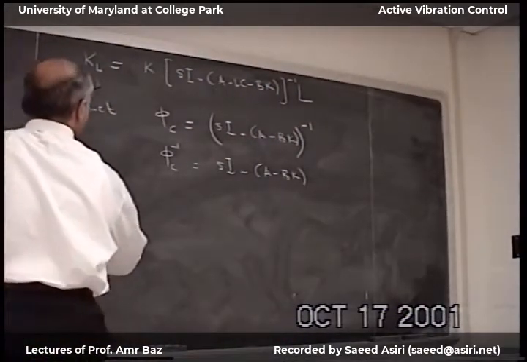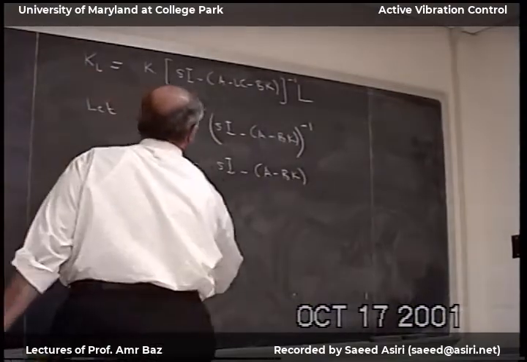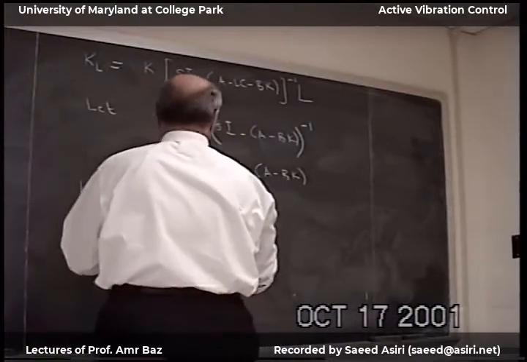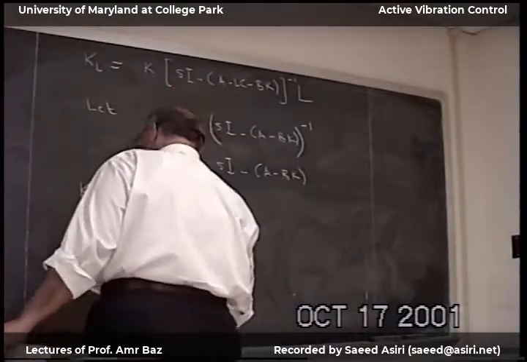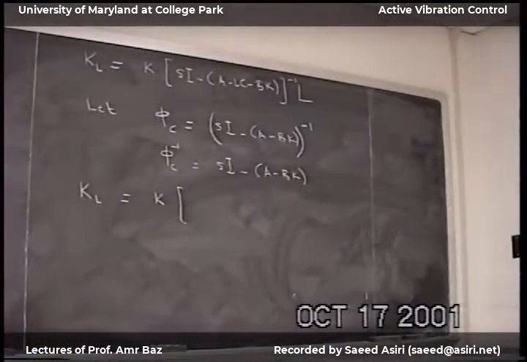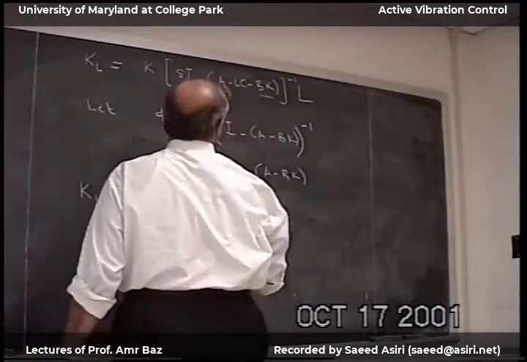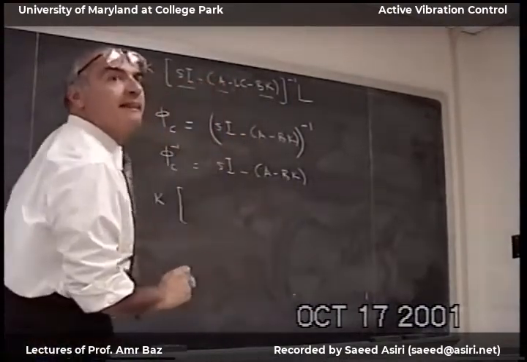Then KL will equal to K, and the inside will be made of this term and this term plus LC.